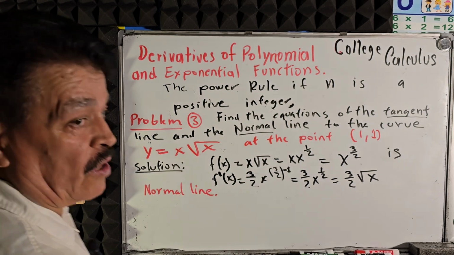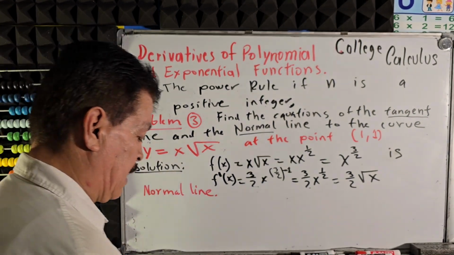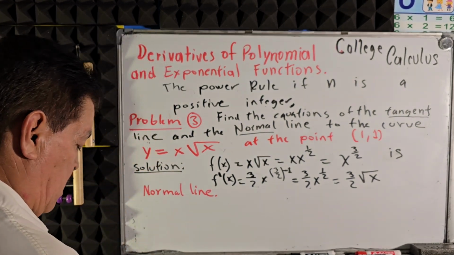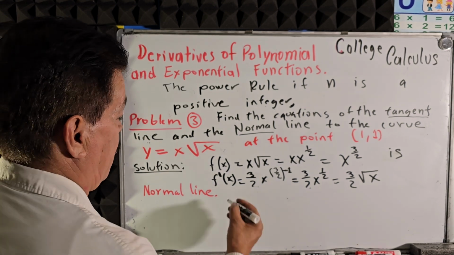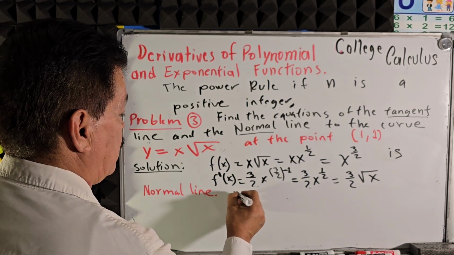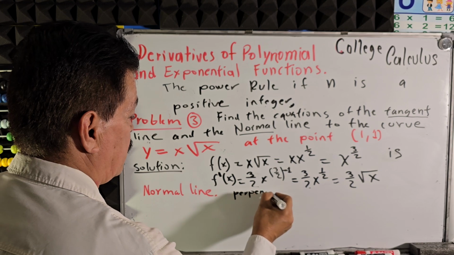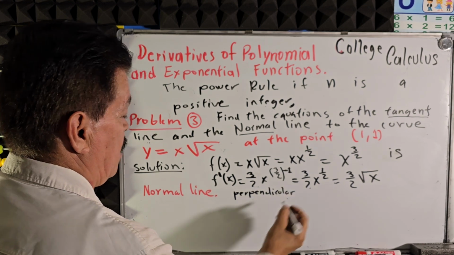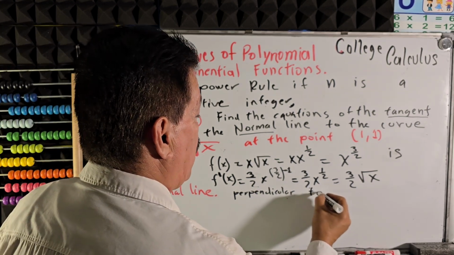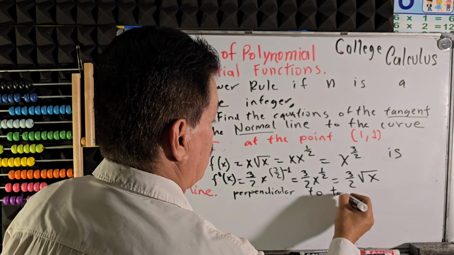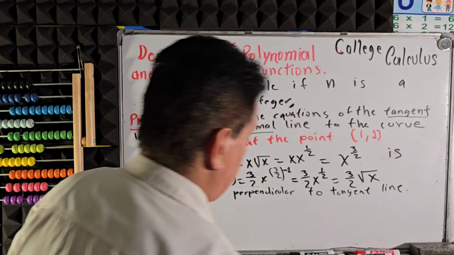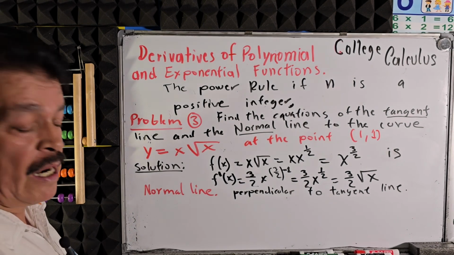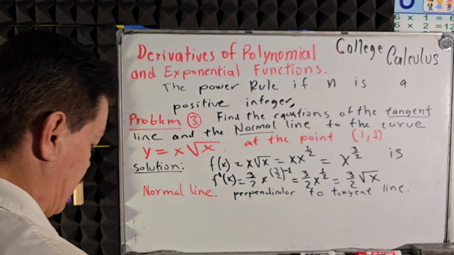So this line is perpendicular to the tangent line. Okay, that's our one concept. It's perpendicular to the tangent line.